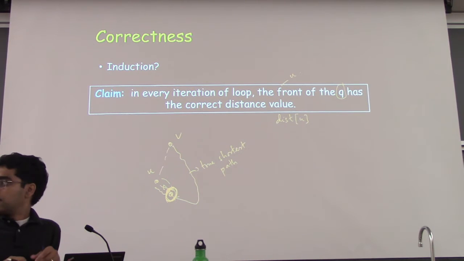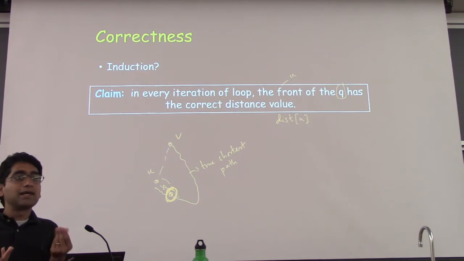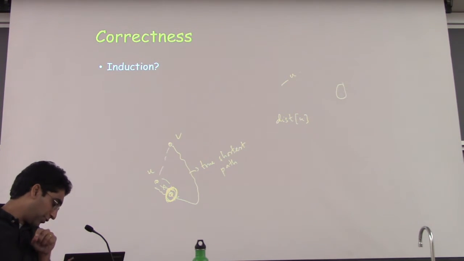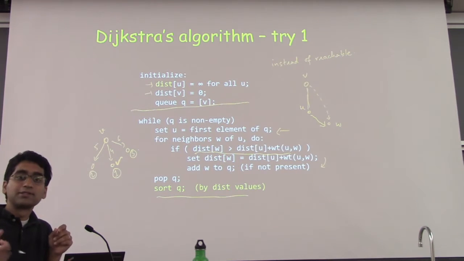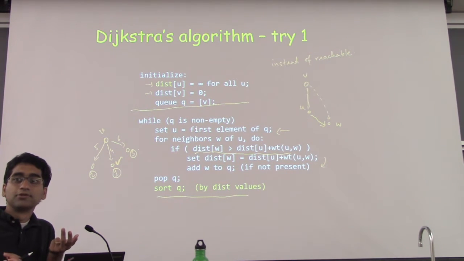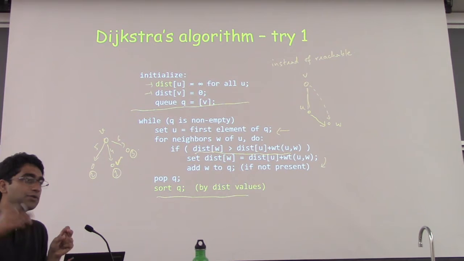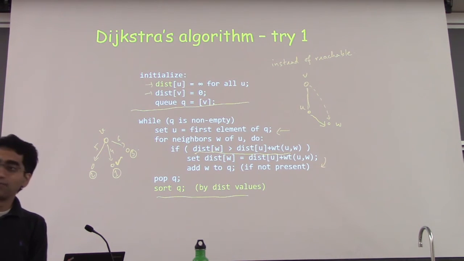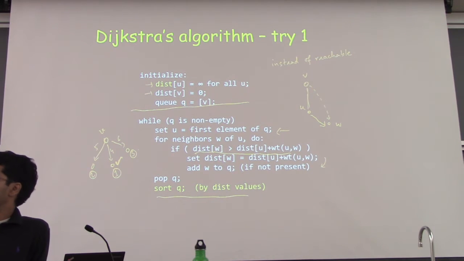Number of vertices. Yeah, so basically you can't see any vertex twice, because once it has reached the front of the queue, you know that you've computed its true distance value. So there's no way you'll reach it twice, because all edge weights are non-negative.